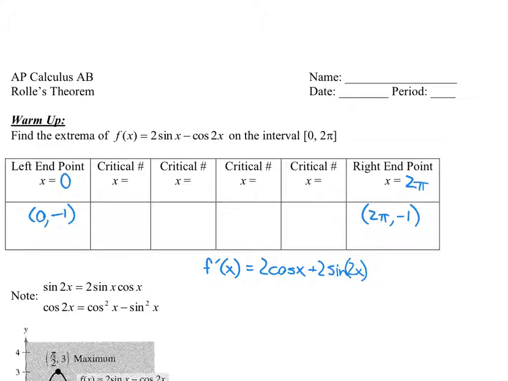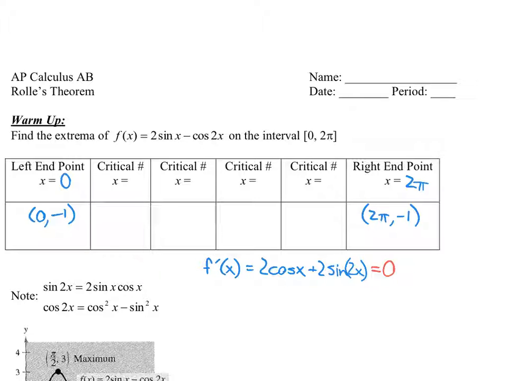Just using the chain rule here. Now, at this point, if I'm going to try to solve this for when it equals 0, I'll need to use the double angle formula. Now I'm going to do it for the sine of 2x. Why isn't it minus? It's not minus because it originally was minus and then the derivative of cosine was negative.